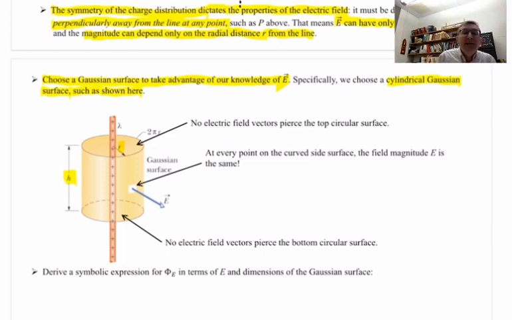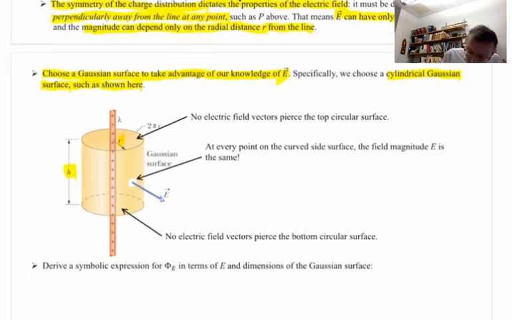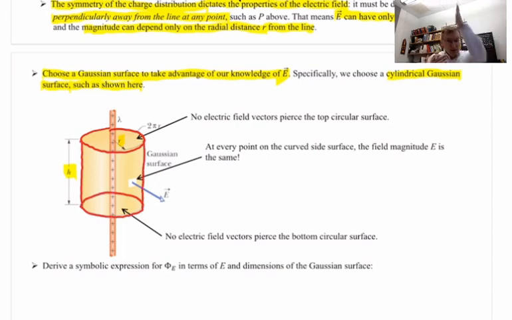Do you see how it's shaded in that kind of light orange color? I'll outline it just to make sure it's clear. The Gaussian surface that we're going to pick is shaped like a cylinder that wraps around the actual line of charge.